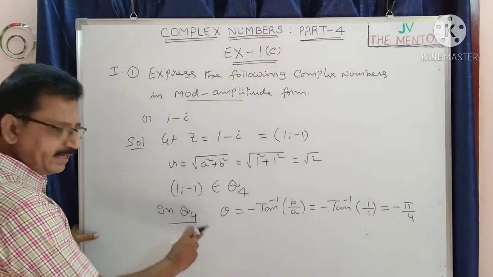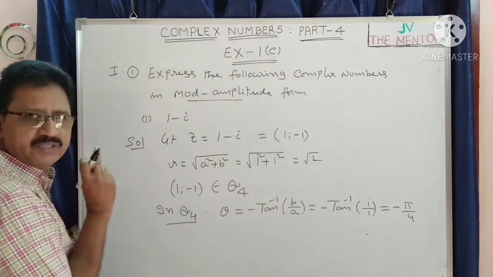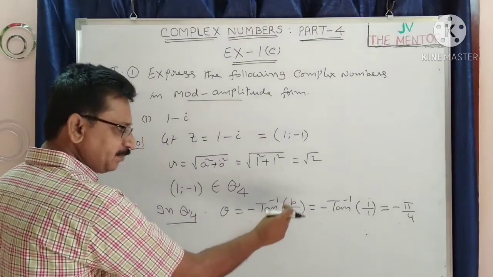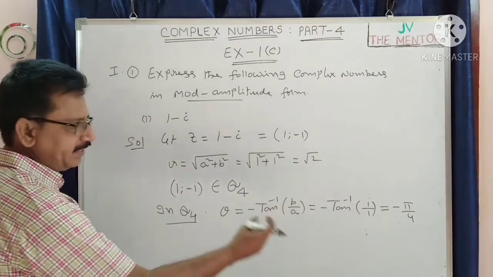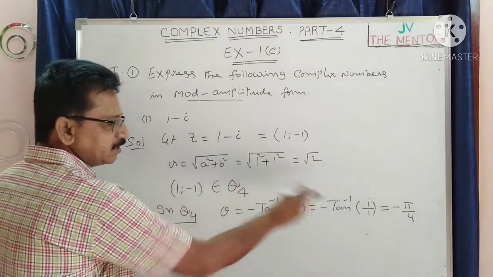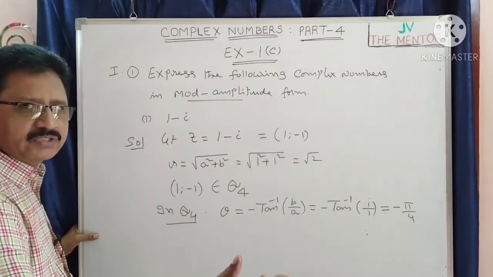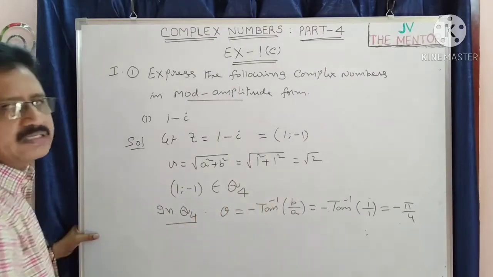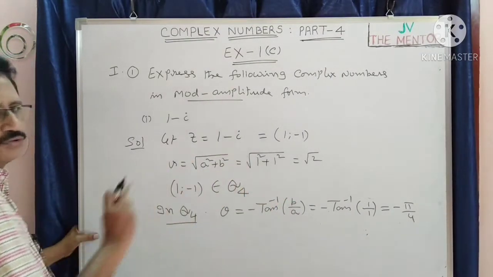So in the fourth quadrant, theta is taken as minus tan inverse b by a. Taking a and b without signs, a is 1 and b is 1. Tan inverse 1 is pi by 4, so minus pi by 4. Here theta is minus pi by 4 and R is root 2.